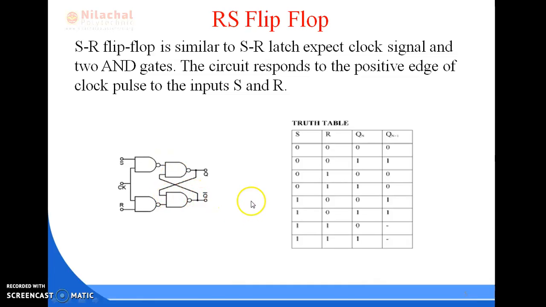This is the truth table of an RS flip-flop. Here two inputs S and R are present and the two outputs are Qn and Qn plus 1. Qn is the present state and Qn plus 1 is the next state.